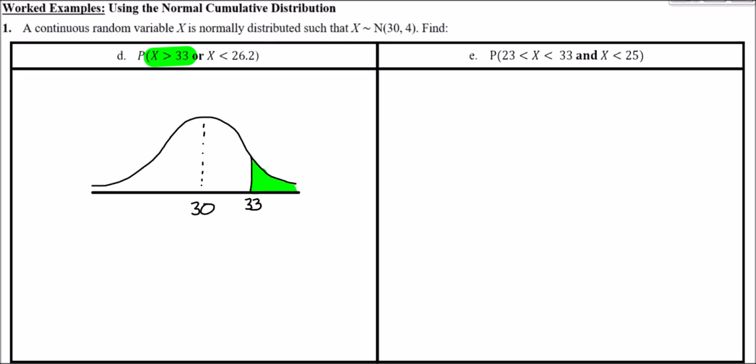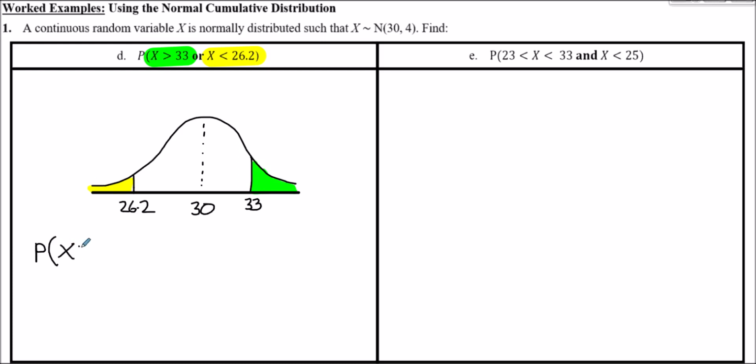The chance of it being less than 26.2, similar idea, I'm looking at this lower end, anything less than 26.2 relates to this tail end of a curve at the left-hand side. So this essentially can be done in one fell swoop. I'm just going to show you how now.